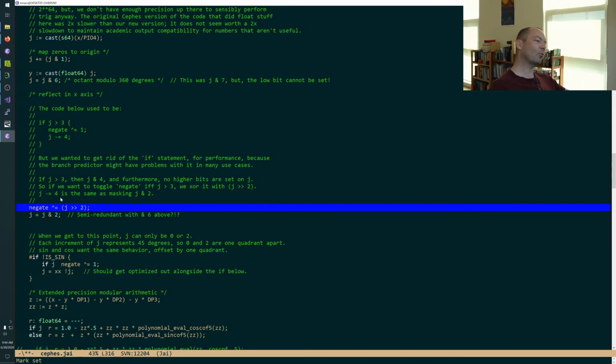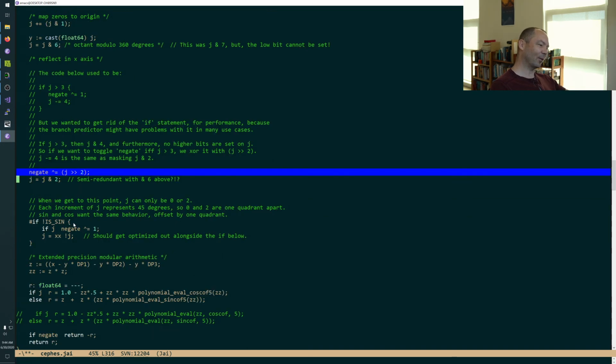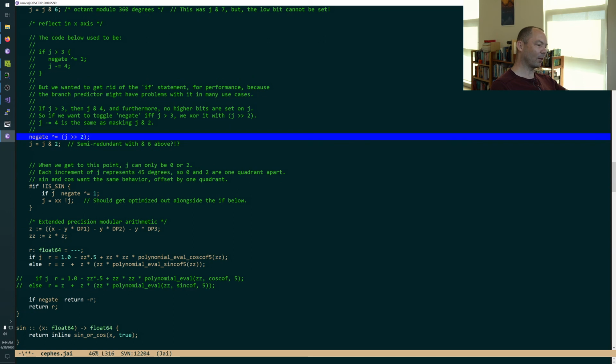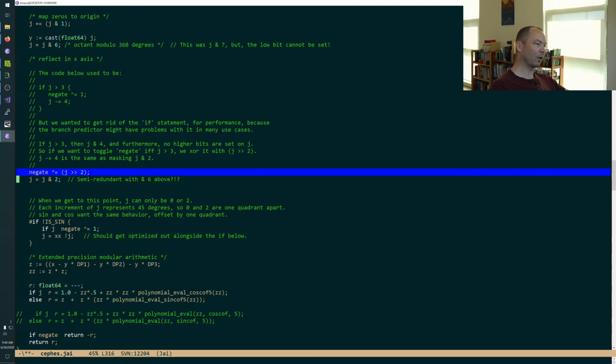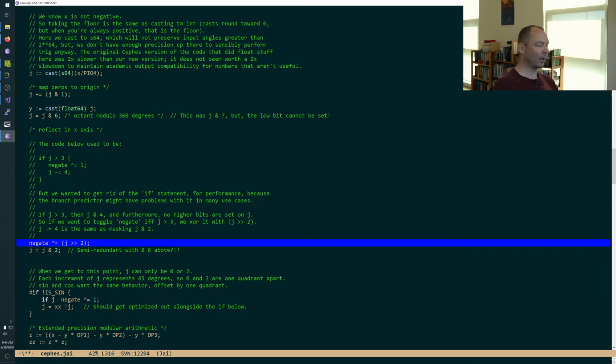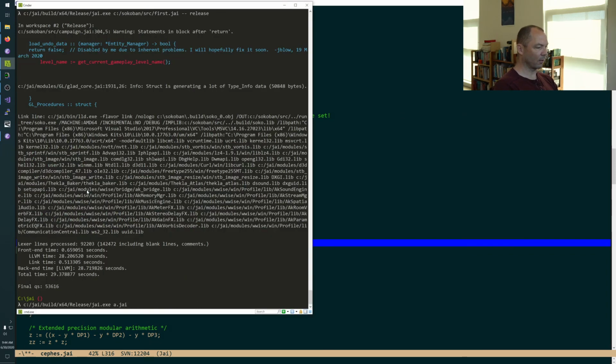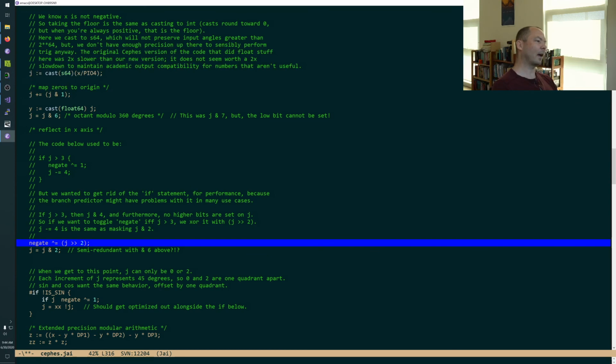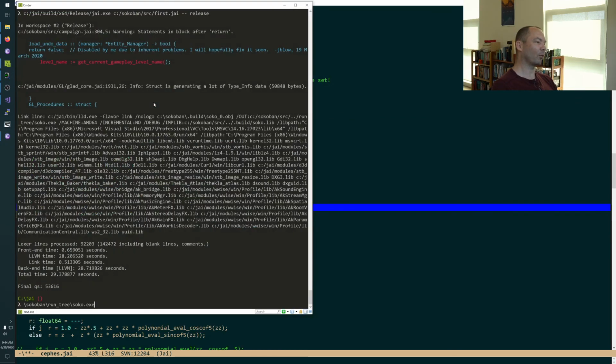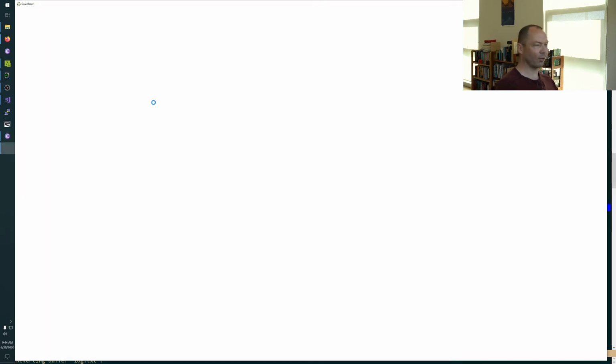Unless, okay, we could get really crazy and say negate is allowed to have garbage bits in the high bits, and we only care about the low bit, but then we would have to mask it down here anyway. And at that point, who cares, right? We're not saving anything. So it's not clear to me yet how to get rid of that. And honestly, I'd rather work on removing a branch than work on removing an AND with a small constant.